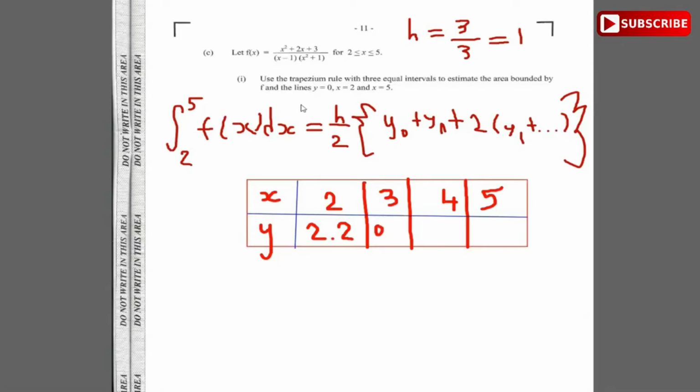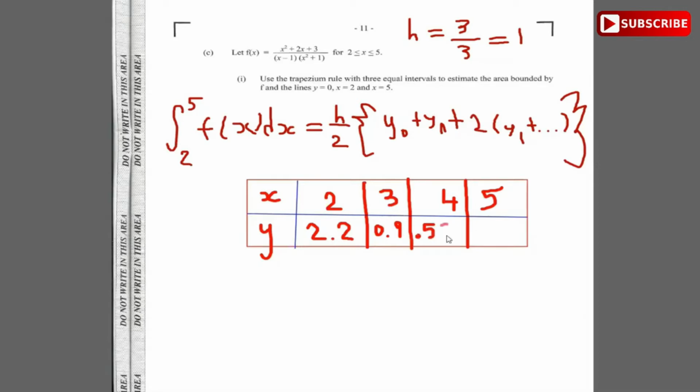Then I put in 4, I get 4 squared plus 2 times 4 plus 3, it's 27, divided by 3 times 17, since 4 squared is 16, plus 1 is 17. I get 0.53.